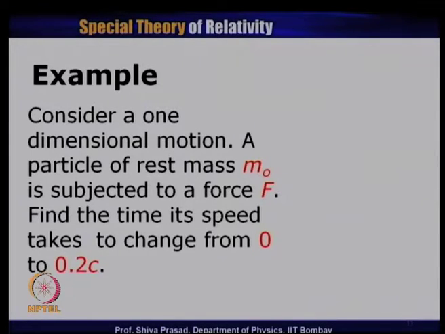I have put this problem so that I can use this equation directly without actually working out ut. So the initial velocity is 0, the particle starts from rest, and the final velocity is 0.2 c, with a force F and rest mass m naught.